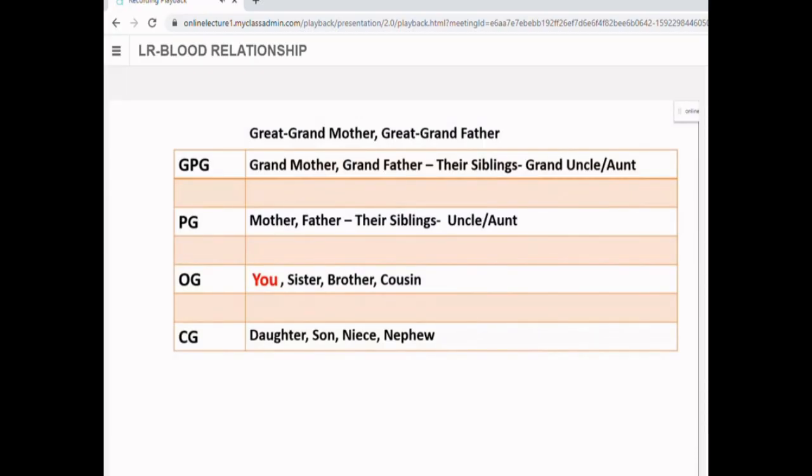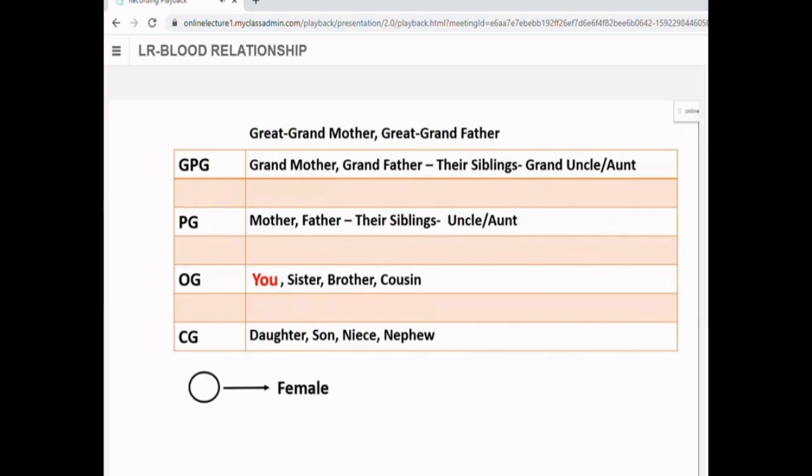For your grandfather, your mother is daughter-in-law, and things like that. So we'll come across them. In-laws relations also will be there. We'll have to deal with them also. In-law: father-in-law, mother-in-law, son-in-law, daughter-in-law.